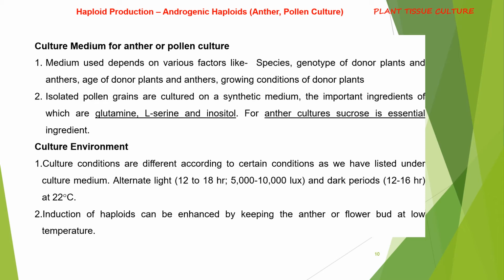Besides these, certain important ingredients like glutamine, L-serine, and inositol, along with high concentrations of sucrose, are found to be favorable for haploid production. In certain cultures, it has been reported that a period of dark phase initiates the process of androgenesis.